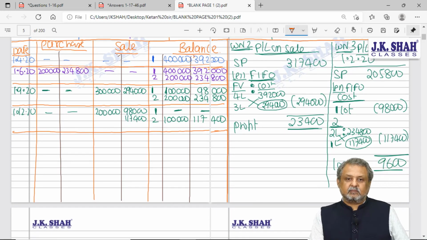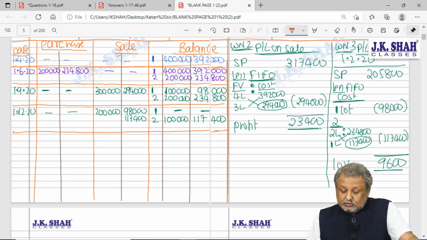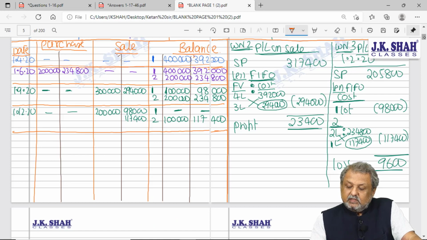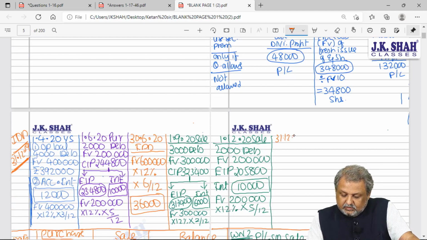Everybody. So FIFO method becomes a bit lengthy, but can't help it. Then 31st January, but before 31st January there will be interest due date. 31st December 20 IDD.